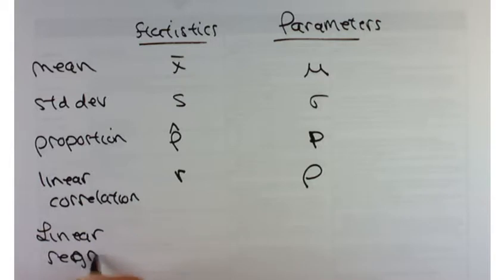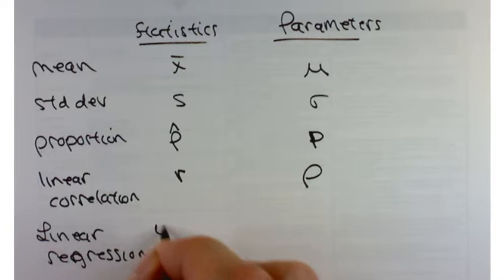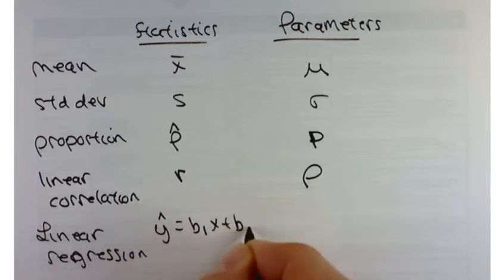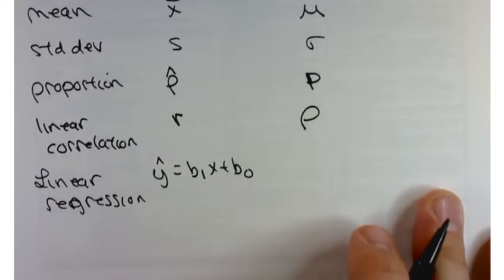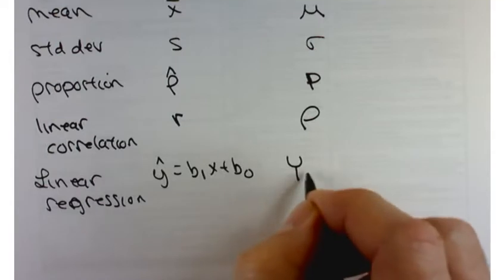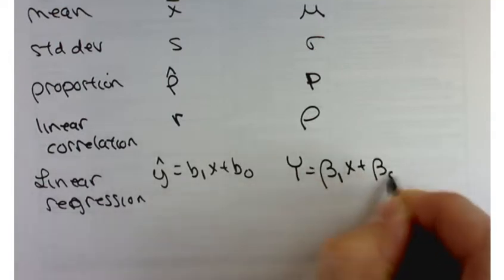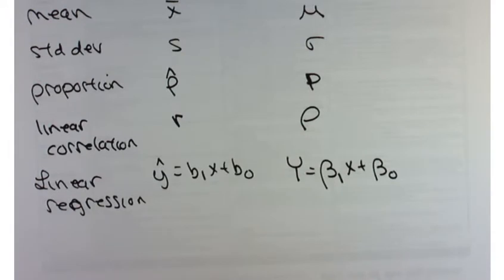And the population linear regression is capital Y equals beta 1x plus beta 0. So what we're hoping is that this linear regression is a good estimate of the population parameter. We don't know, but we're hoping that that's the case.